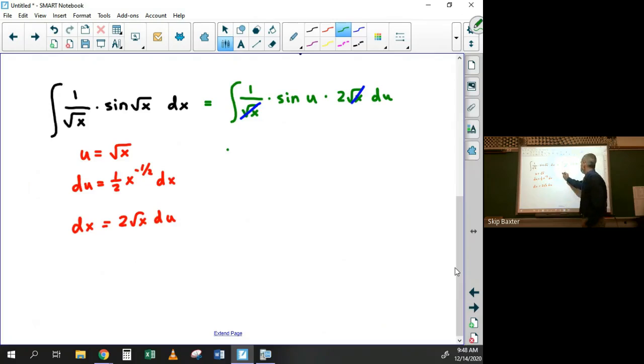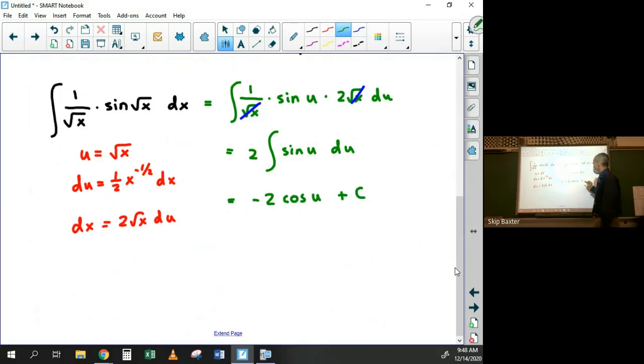So this is really 2 times the integral of sine u. That 2 didn't cancel. So 2 times the integral of sine u would be negative 2 cosine u. The integral of sine is negative cosine. So the answer is negative 2 cosine radical x plus c.